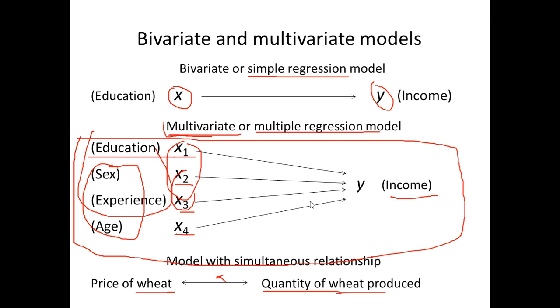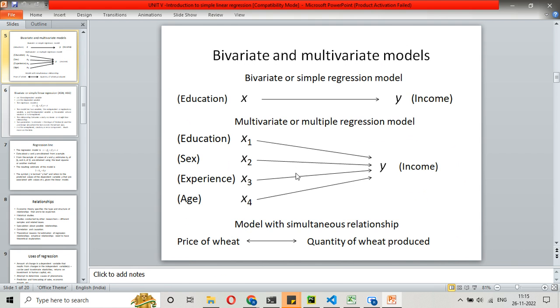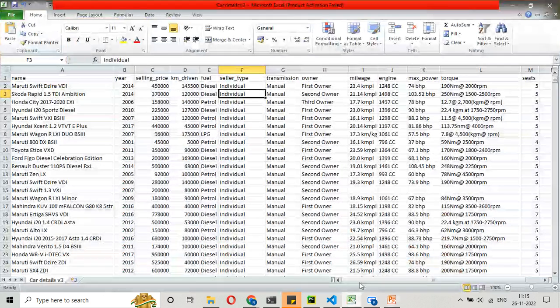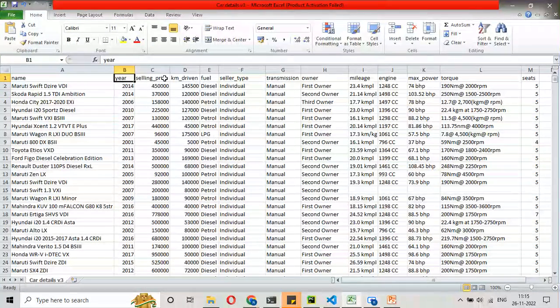So in our data set also, in this example, you need to check, is the year also impacting your selling price or not, is kilometers driven really impacting or not, is engine size also impacting or not, which of these is really a good predictor for your selling price.